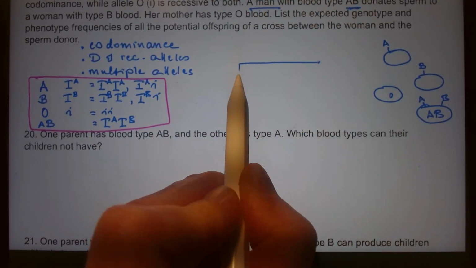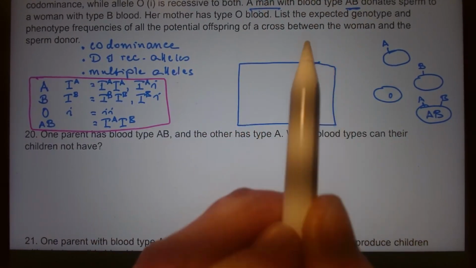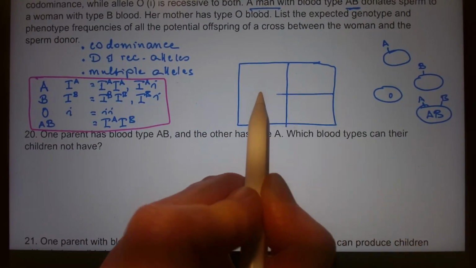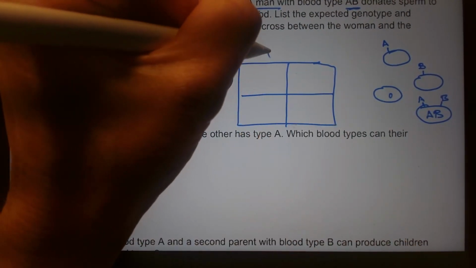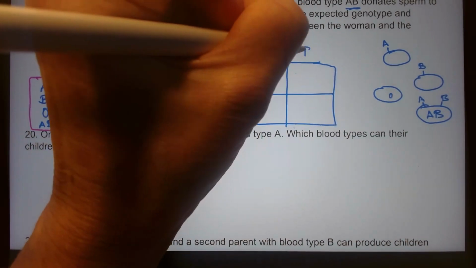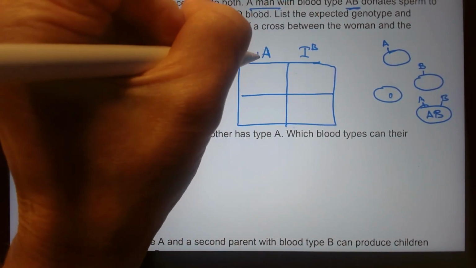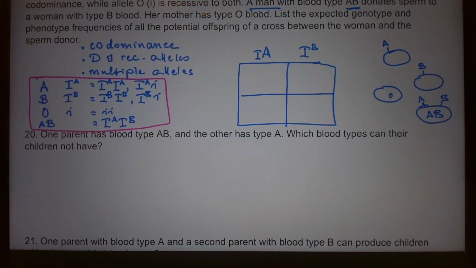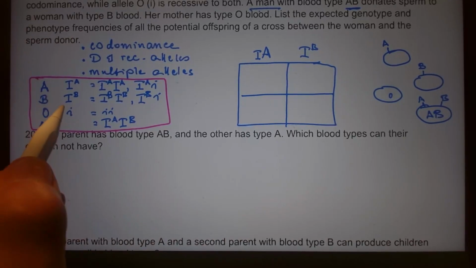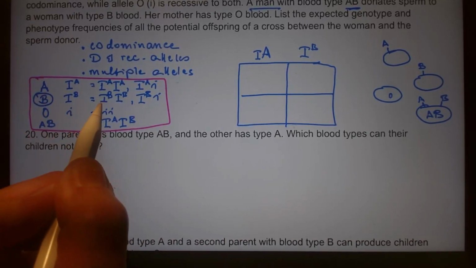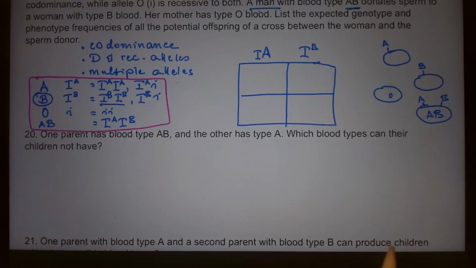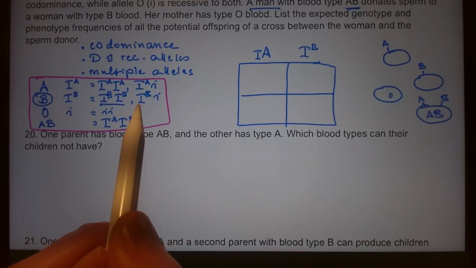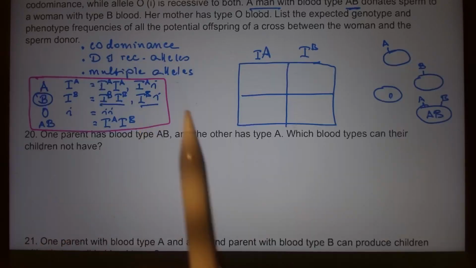So when we draw the Punnett square, we know that the man has I^B and I^A alleles, and a woman with type B. Type B, so the woman can be homozygous dominant for B or heterozygous.